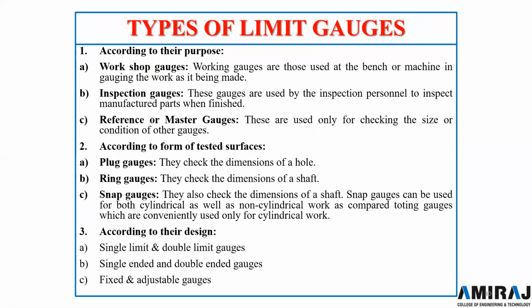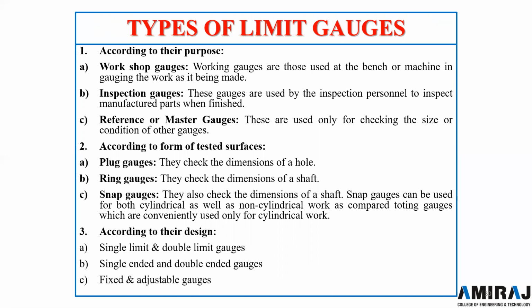Now there are various types of limit gauges. Let us discuss them one by one. The first classification is according to their purpose, which means the workshop gauges. Workshop gauges are the working gauges used by the machinist in gauging the work as it is being made. Then the second thing is inspection gauges.